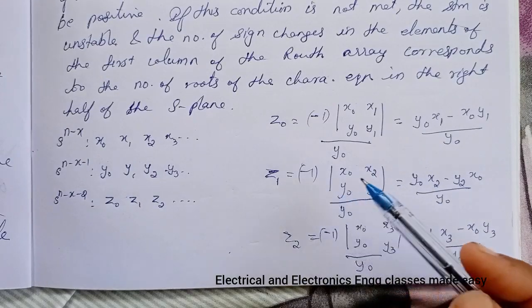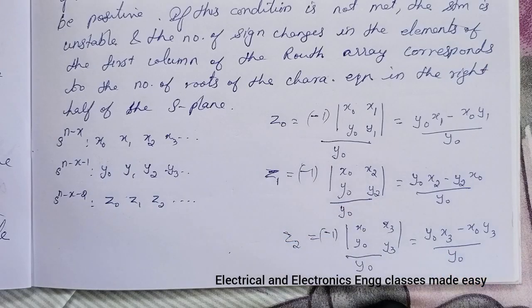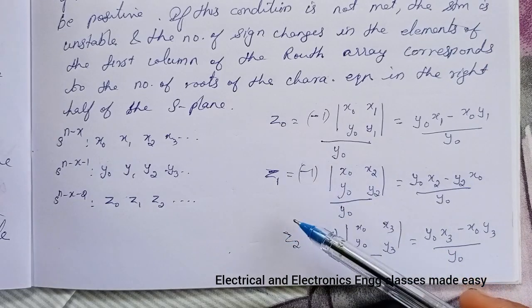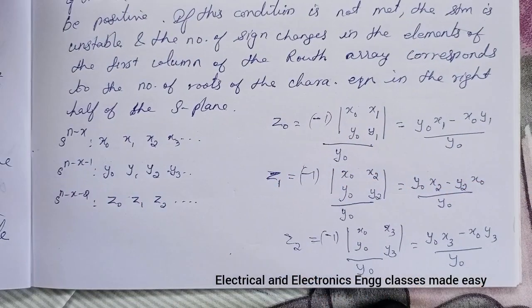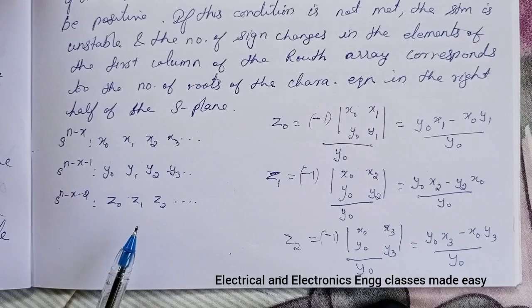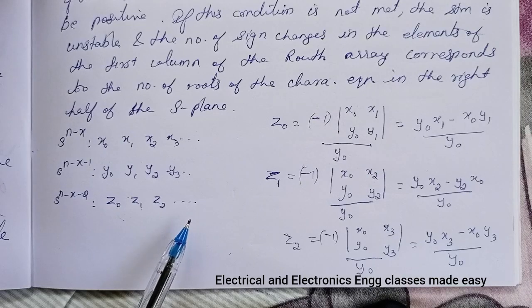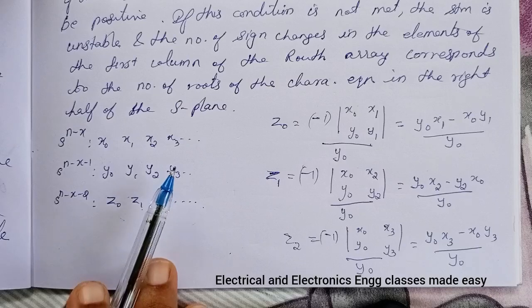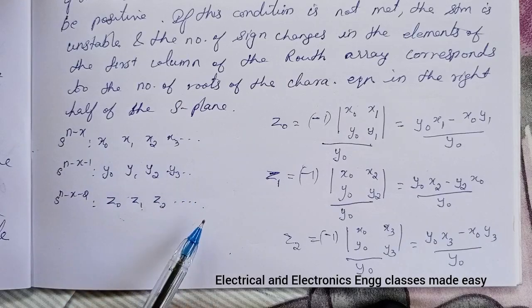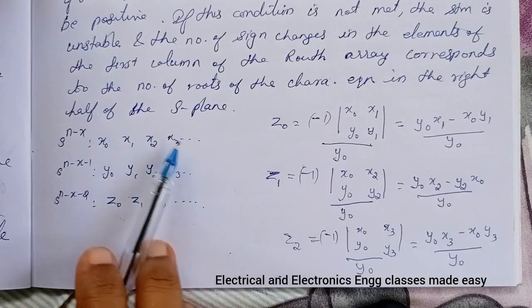So like this we have to construct the Routh array, and we have to find the elements of the Routh array. And here the elements z0, z1, z2 are computed until an element equal to 0 or for all possible computations are as shown like this.